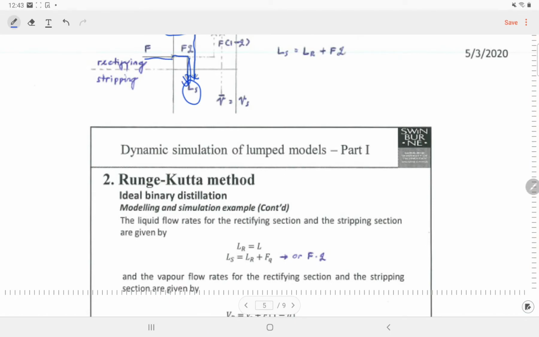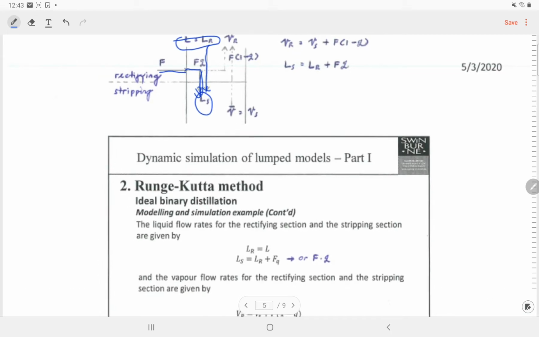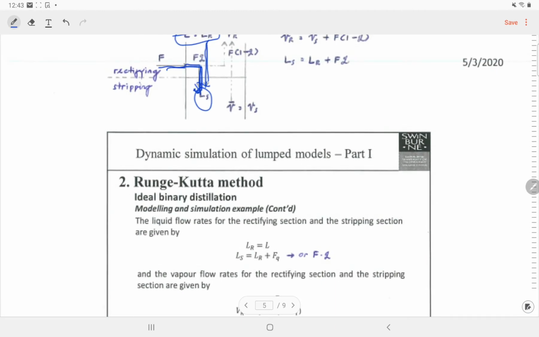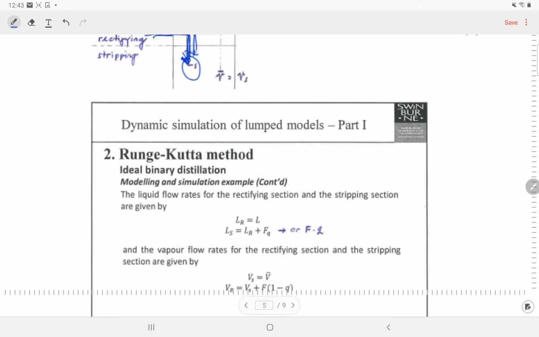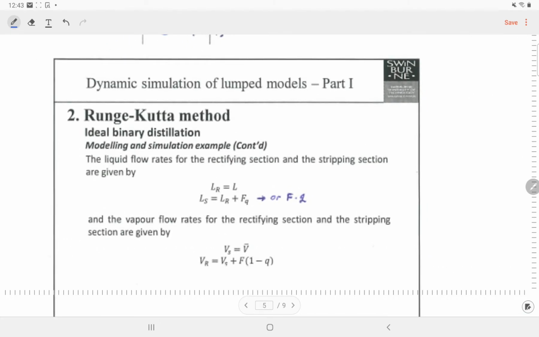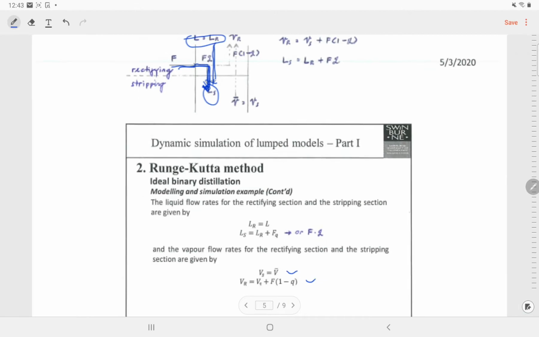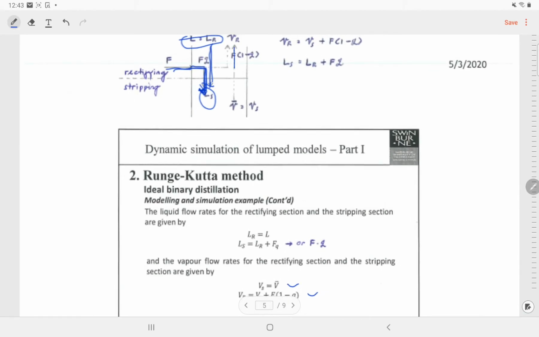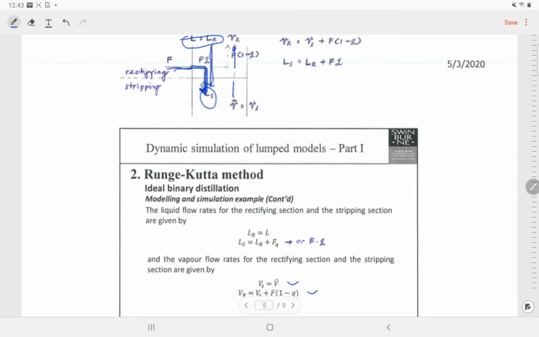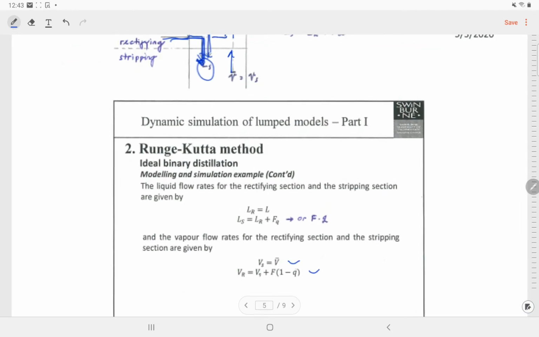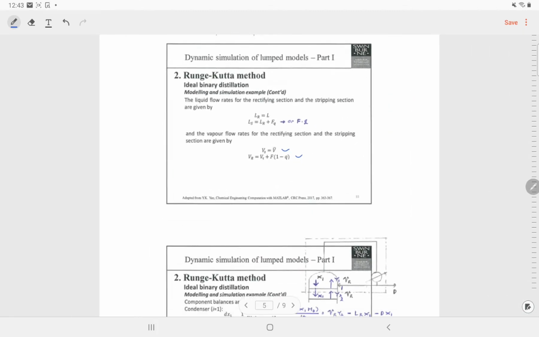Because the feed here consists of a vapor and a liquid, the LS here should come from the top and also from the liquid portion of the feed. And then for the vapor flow rates, these two equations are basically the one on the rectifying section, which will be coming from the one from the stripping section plus the portion of the feed that comes as a vapor to the top. So that's why you have these four equations here.